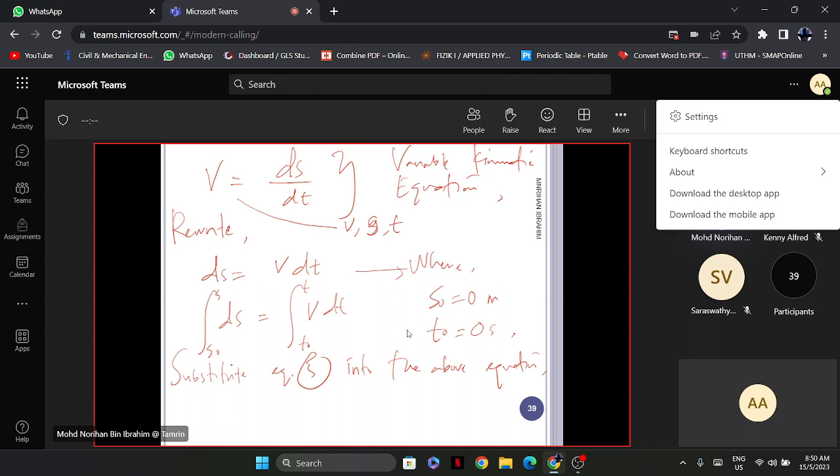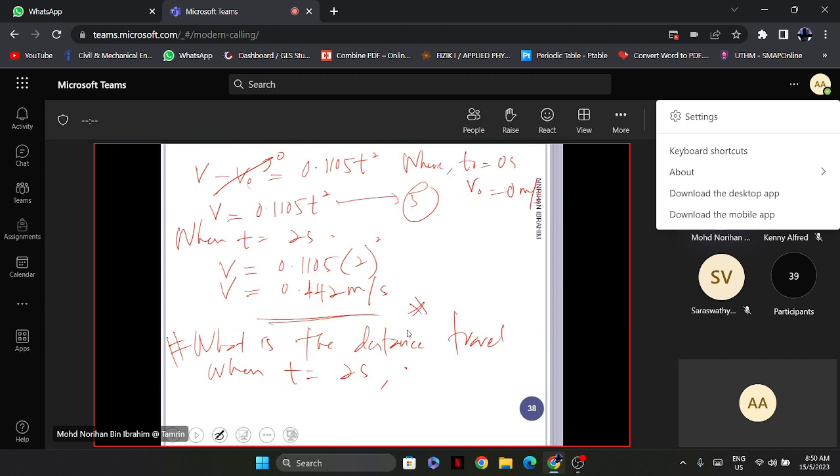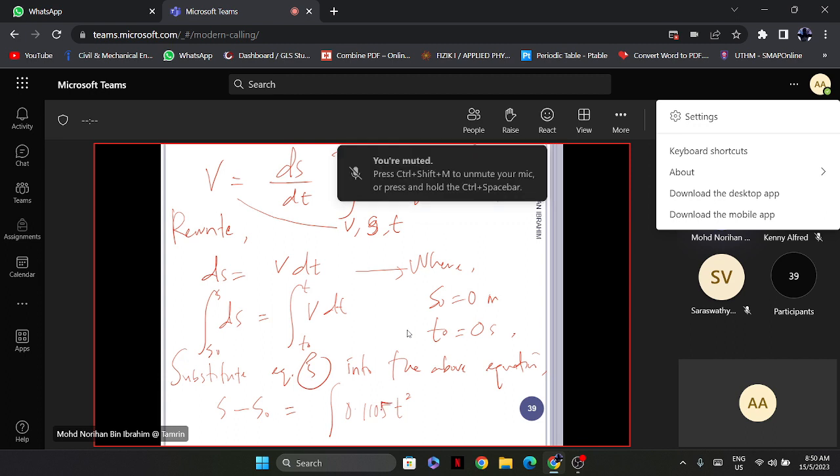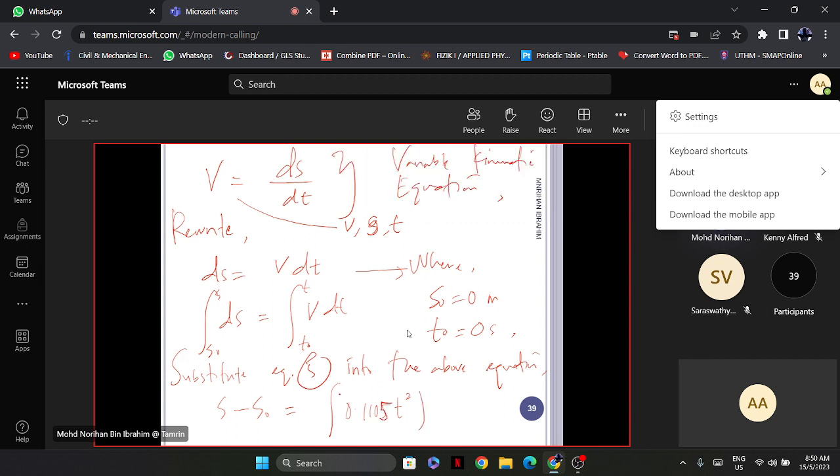So if we integrate this, we can get s minus s naught is equal to the integral of 0.1105 t to the 2 times dt between t naught up to t. So what you need to do is just apply the integration.